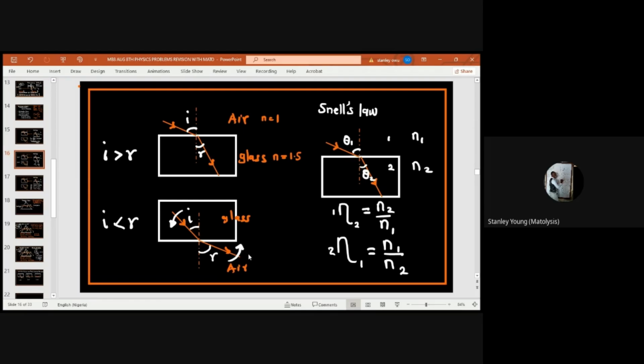But you can easily tell the one that's going to get to 90 first. Obviously, it's going to be R in this case. R will get to 90 before I. Okay, so that takes us to what they call the critical angle.